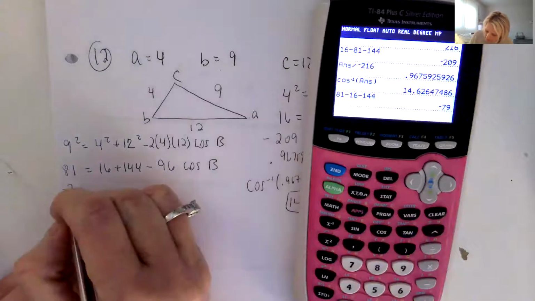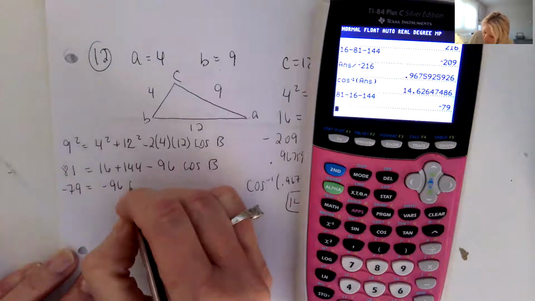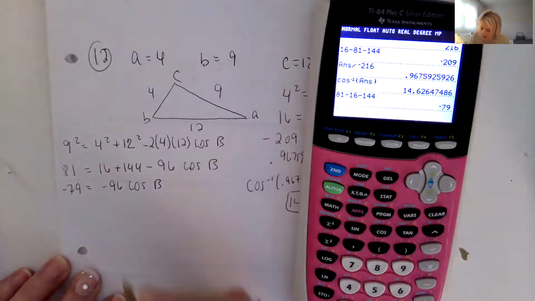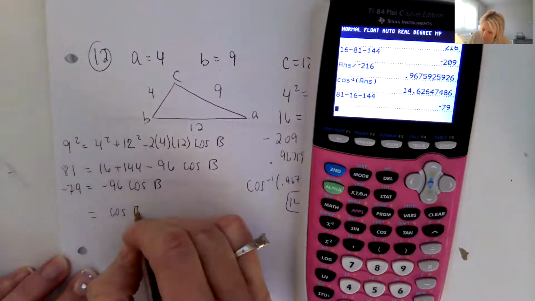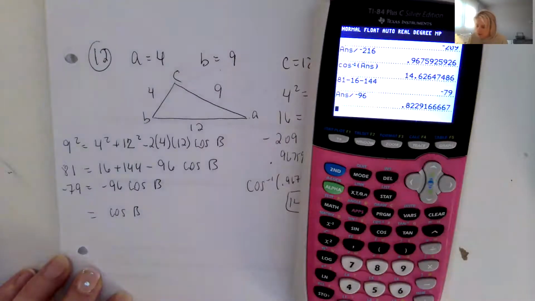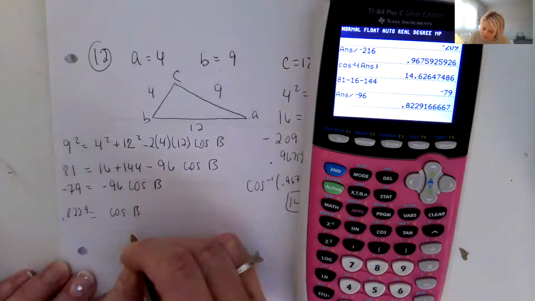So a negative 79 equals a negative 96 cosine of B. And then dividing both sides by negative 96, we get 0.8229.